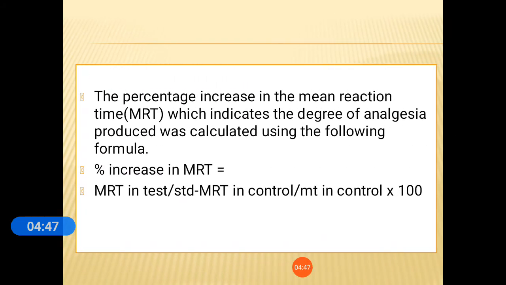The percentage increase in the mean reaction time, which indicates the degree of analgesia produced, is calculated using this formula: percentage increase in MRT equals MRT in test or standard minus MRT in control, divided by MRT in control, into 100.